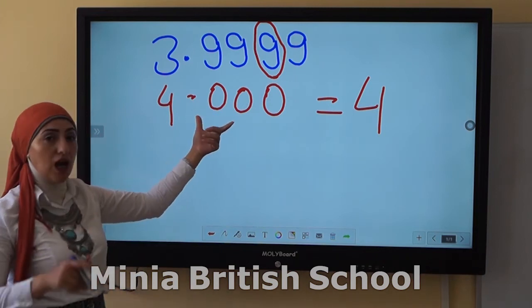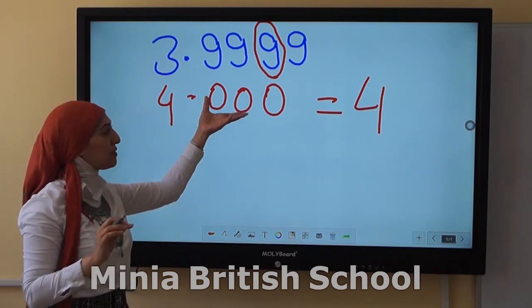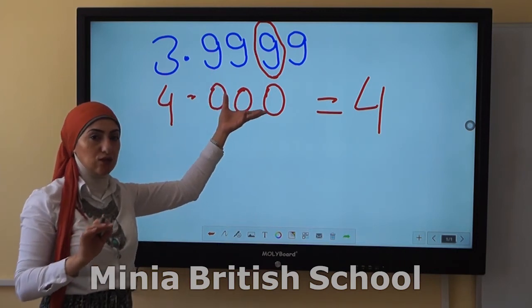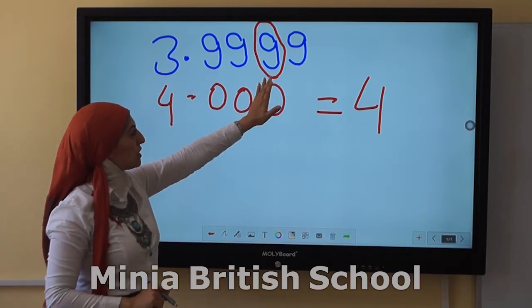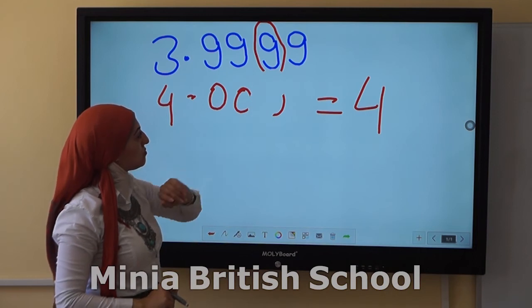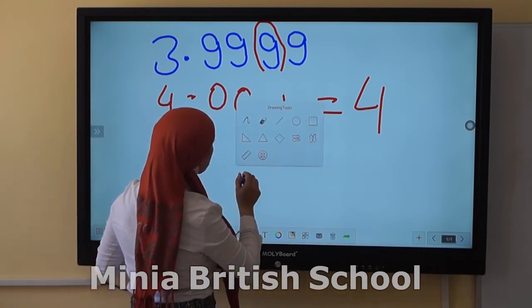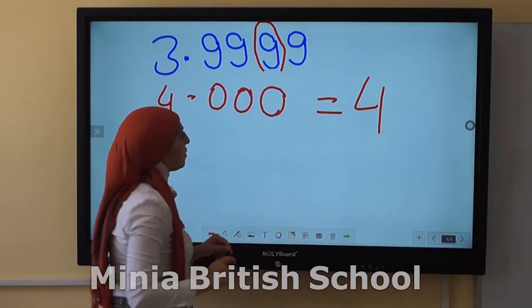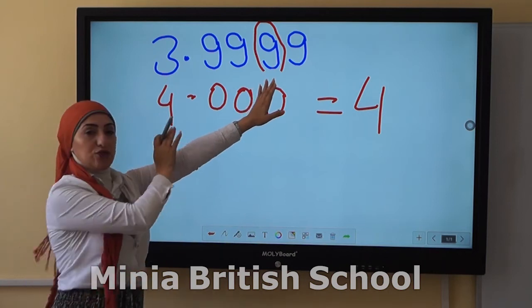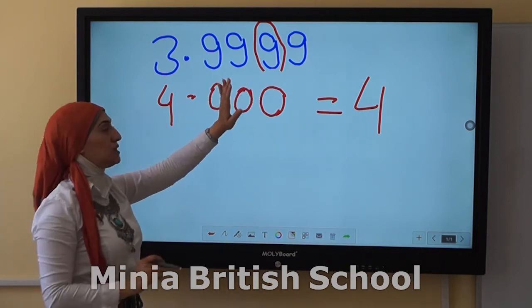So by this way, I know you kept 2 zeros to the nearest tens, you have to keep 1 0.